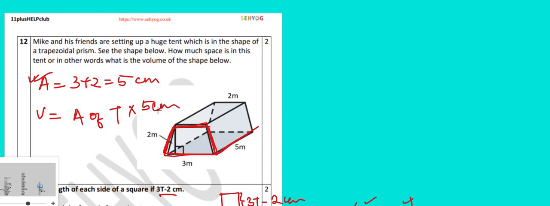In place of 5 centimeters here, we'll just write h because this is a formula that we are writing. So the area of the trapezium is 5 and the height is 5, making the volume 25 centimeters square, and this is our answer for sum number 12.